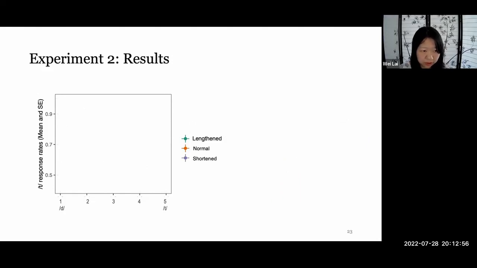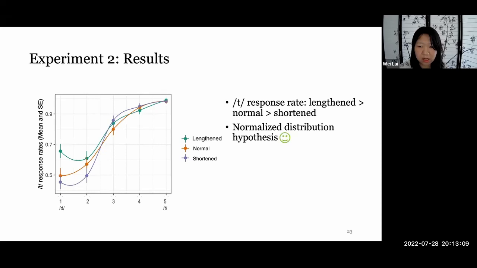Again, jumping to our results, the x-axis here presents the 5 steps of voice onset time from short to long, and the y-axis is the T response rate, and conditions are marked by color code. In general, the result followed the predicted ranking of T response according to the normalized distribution hypothesis, in that the lengthened condition has the most T responses and the shortened condition has the fewest T responses.